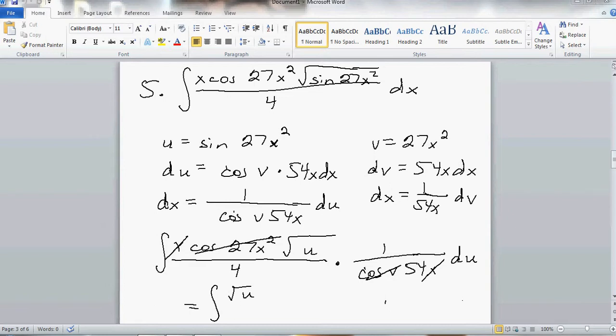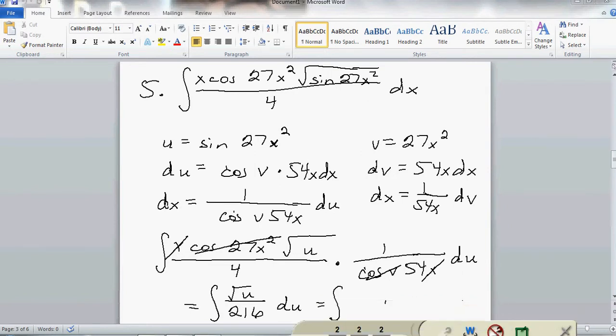Square root of u is there, and in the bottom 54 times 4 would be 216 du. So just rewriting this in user-friendly form, we get 1 over 216 u to the 1/2 du.